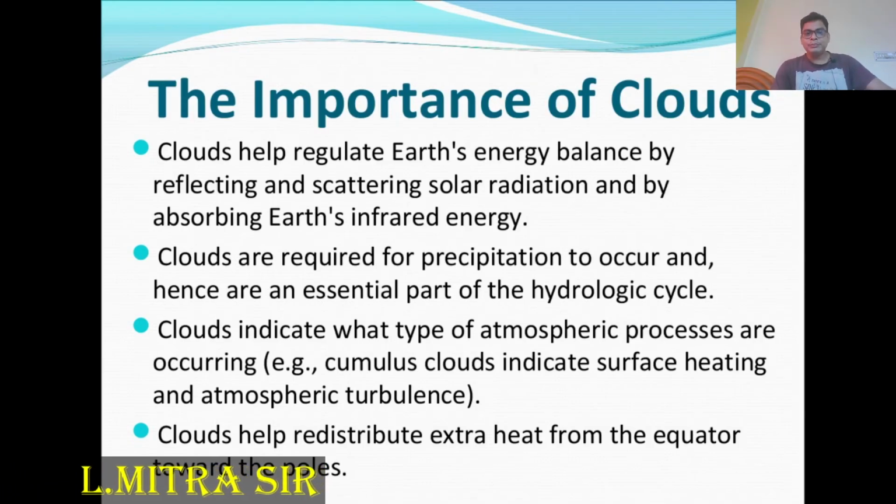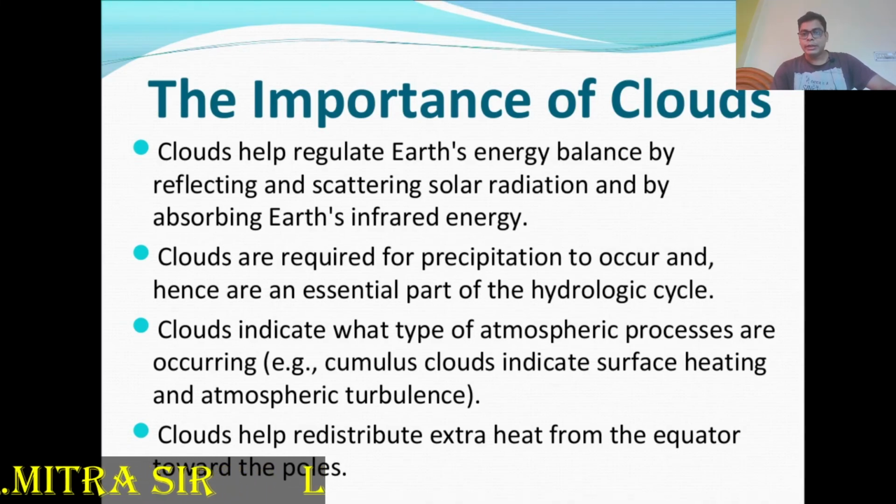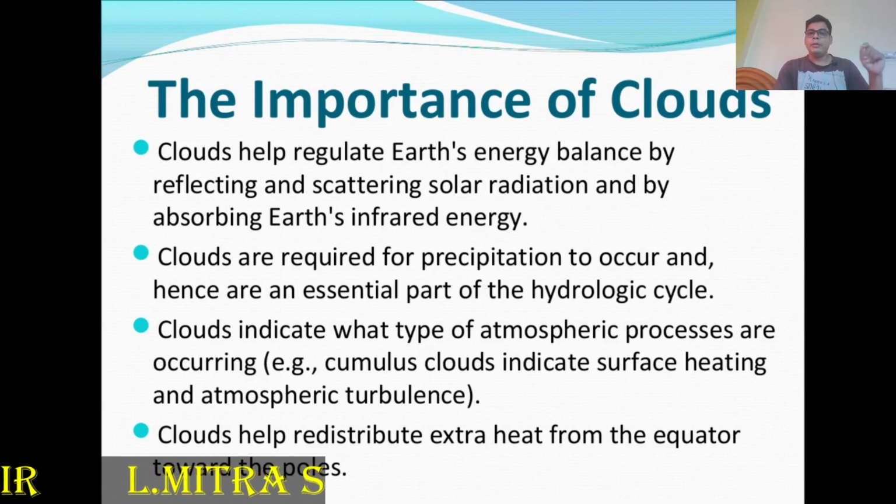Clouds indicate the types of atmospheric processes occurring. Cumulus clouds indicate surface heating and atmospheric turbulence. Clouds help redistribute extra heat from the equator towards the poles. So these are the main features and importance of clouds.